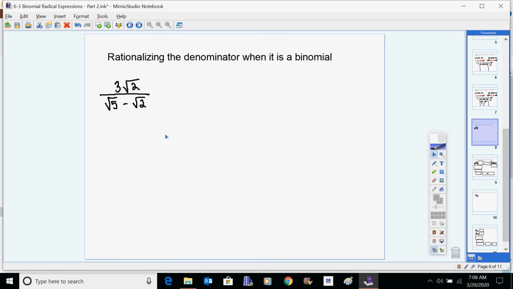We already looked at rationalizing the denominator when it was a monomial, where you were just multiplying it times itself, but right now we need to look at rationalizing this denominator as a binomial.